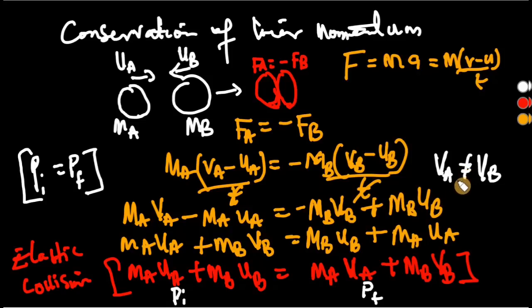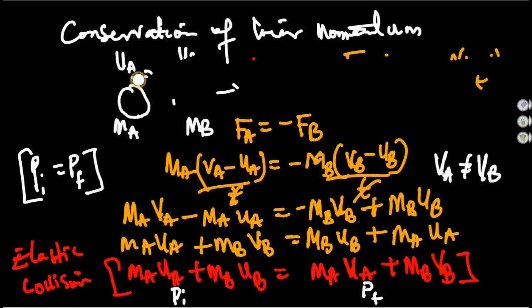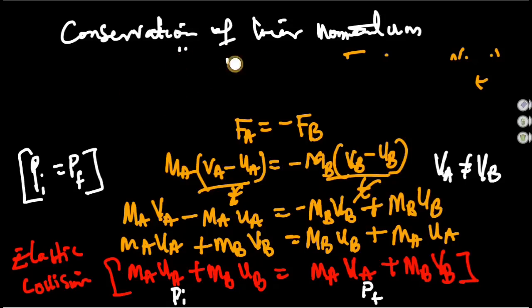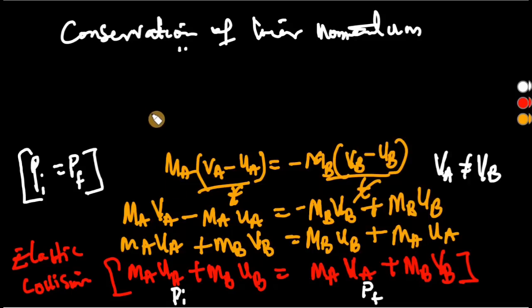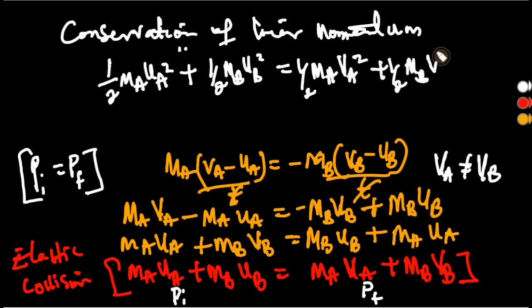Now let us look at conservation of kinetic energy. Kinetic energy is the product of mass and velocity, and following from this we have half ma Ua square plus half mb Ub square equals half ma Va square plus half mb Vb square.